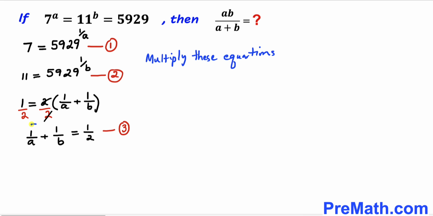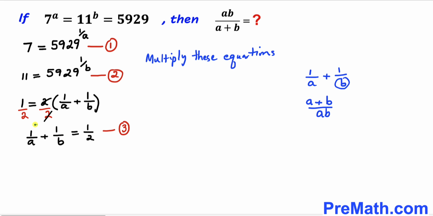And now let's focus on this left hand side. And here I have copied it down over here. I'm going to cross multiply. So if we multiply this way, we are going to get a plus, and if we multiply the other way around, we are going to get b, divided by the product of our denominators, a times b.